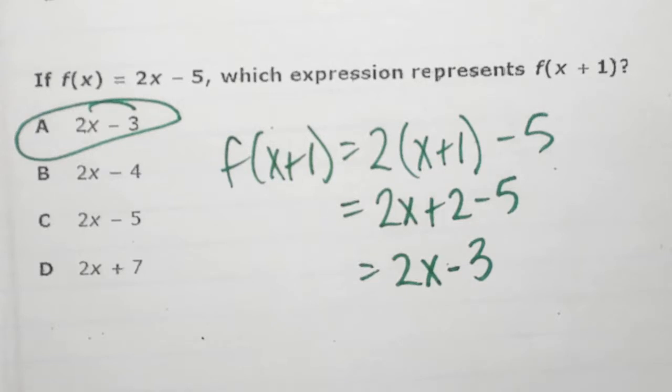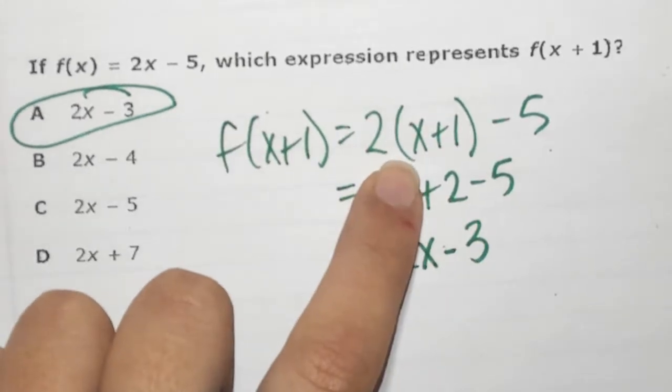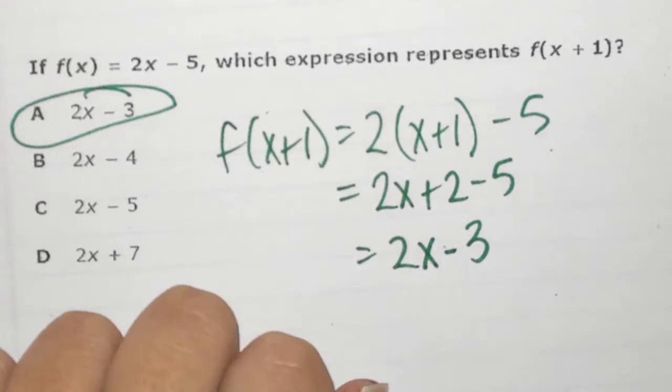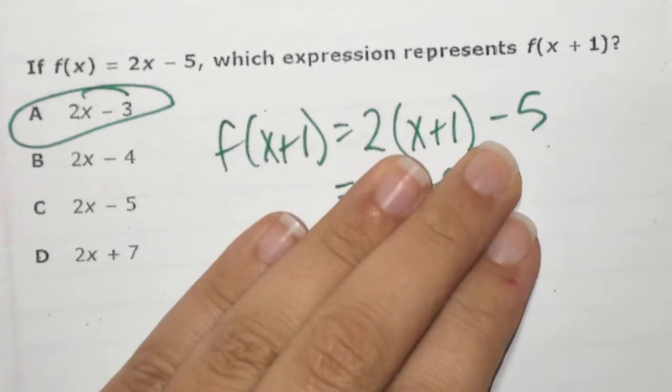In a minute. X plus 1. I just explained it to everyone. I don't understand though. Do you see how I plugged in x plus 1 for x? Do you see how I got to this part right here?